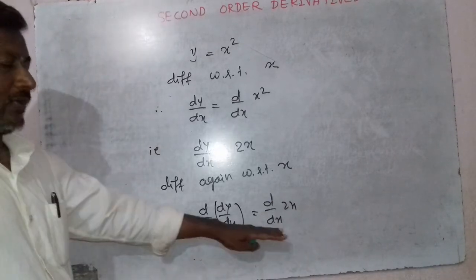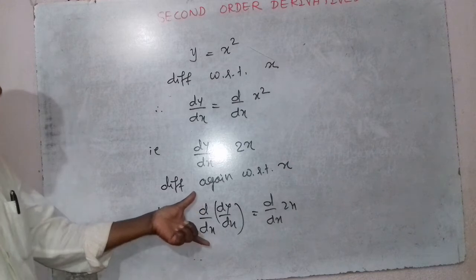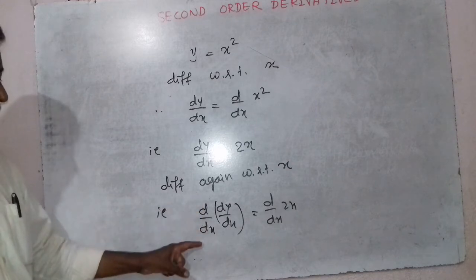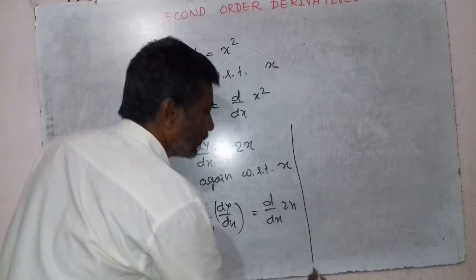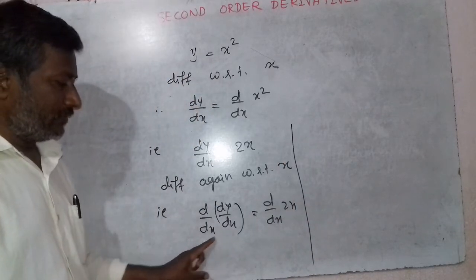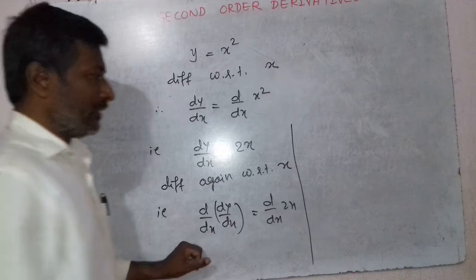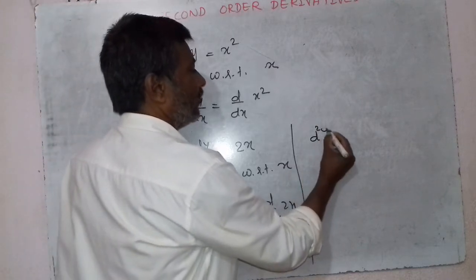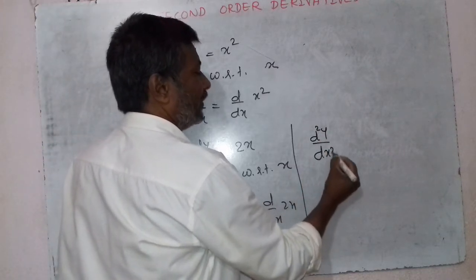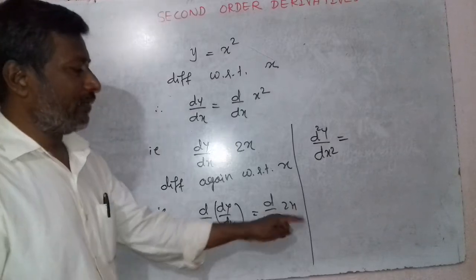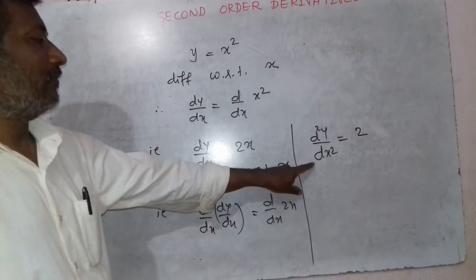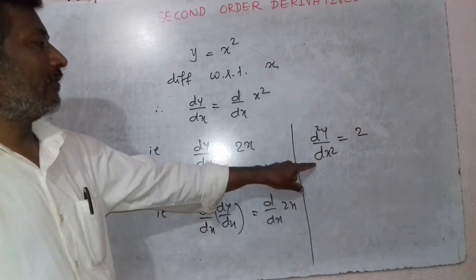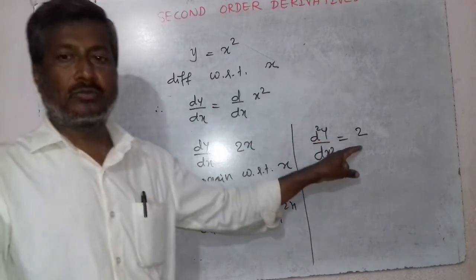Though this step is not necessary, for convenience I am writing it here. This is the derivative of the derivative, so we write this as d square y by dx square, equal to 2, since the derivative of 2x is 2. Therefore the second order derivative of x square is equal to 2.